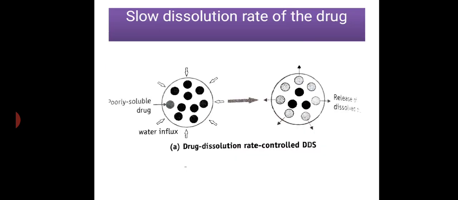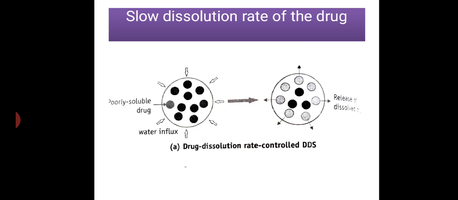Now you can look at this picture that is showing the slow dissolution rate of a drug molecule. In the first part, you can see a reservoir system incorporated with the drug molecules. The black spots are the drug molecules. It's covered with a reservoir system or a polymeric membrane.